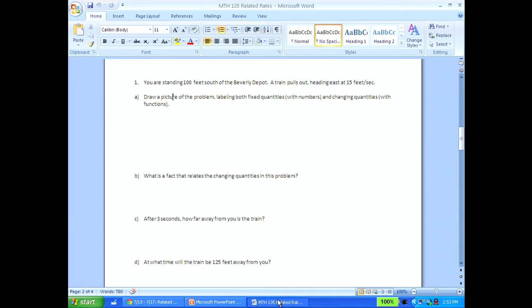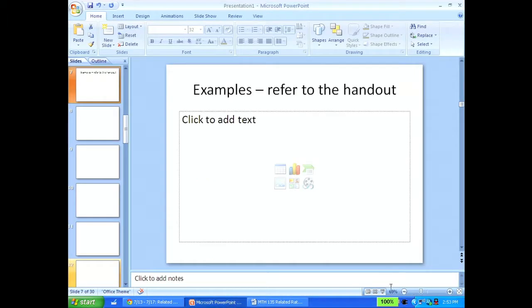Okay, you're 100 feet south and it's going 15. All right, so step one, draw a picture. Well, let's see. We're part of this problem, so let's put us down.